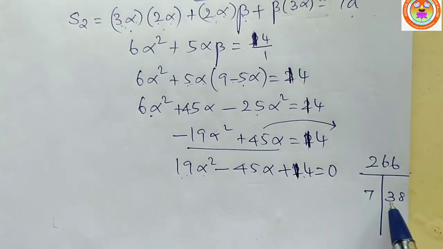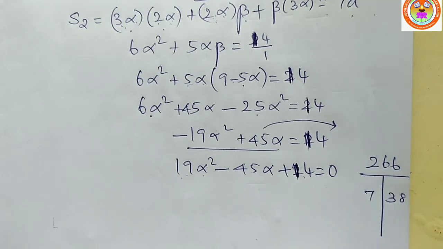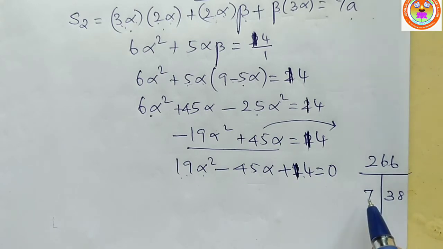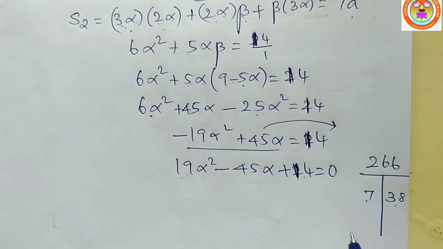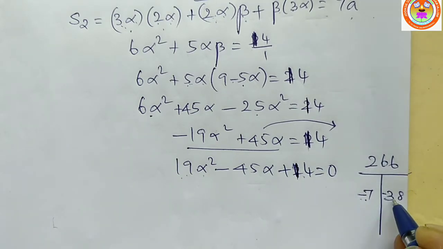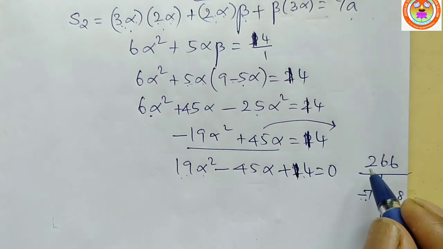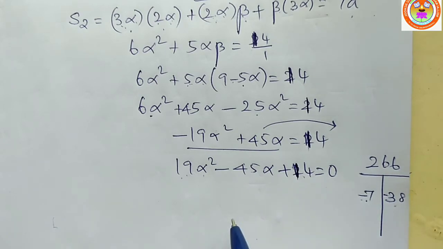See, 7 times 38 is 266. When we are adding the two numbers, 7 plus 38, 45. But we need minus 45, so we have to put minus. Minus 7, minus 38. When we are multiplying, we will get plus 266. When we are adding the two numbers, we will get minus 45.